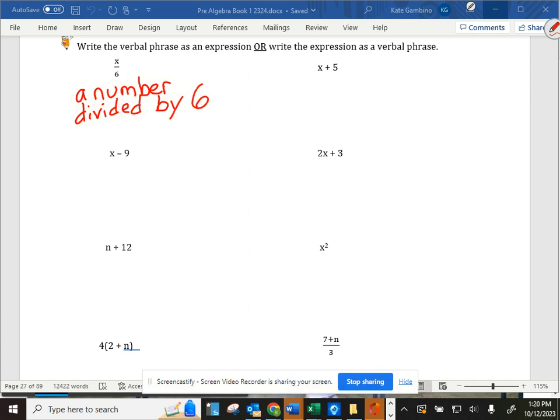The quotient of a number and 6. Right? So there are different ways we could say it. There's not just one answer. When we're doing the verbal phrase into an expression, there's one answer. But when we have an expression and we want to write it as a verbal phrase, we know there's different ways to say divide. So there's different ways that we can write it, but it has to mean the same thing.